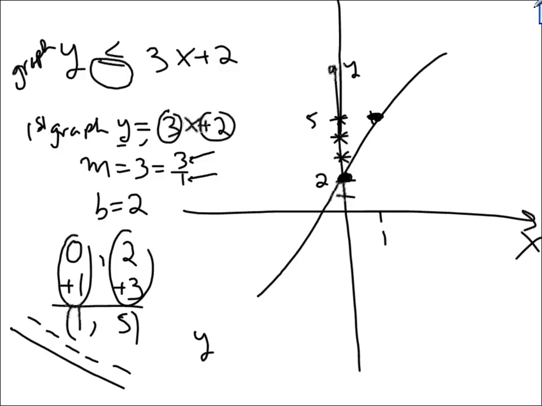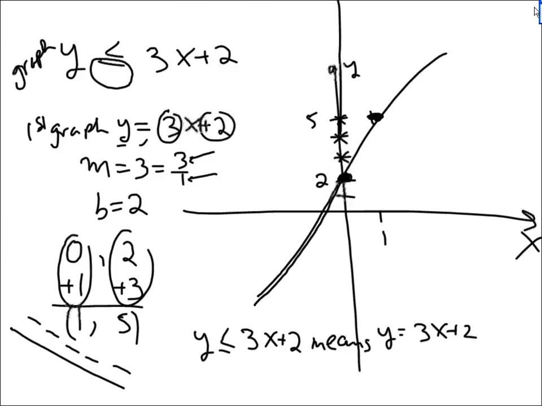Remember, y is less than or equal to 3x plus 2 means one of two things: y is equal to 3x plus 2, hence the solid line. That's how you always graph a line. Or, y is just less than 3x plus 2.